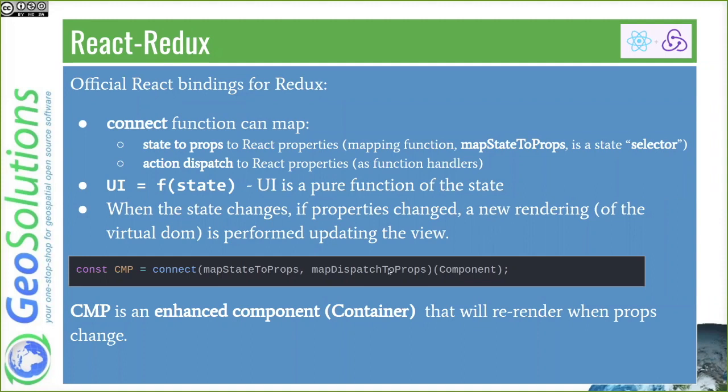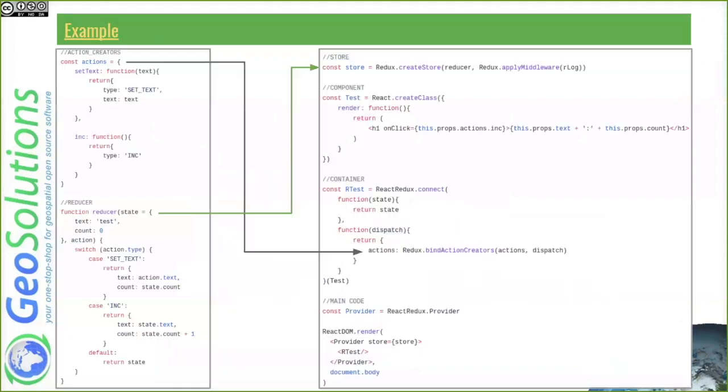Here you can pass as properties simple variables or functions to call, and if you pass them in this object, which is the second argument, they are automatically dispatched as actions in the store. So this is a quick way to dispatch actions.